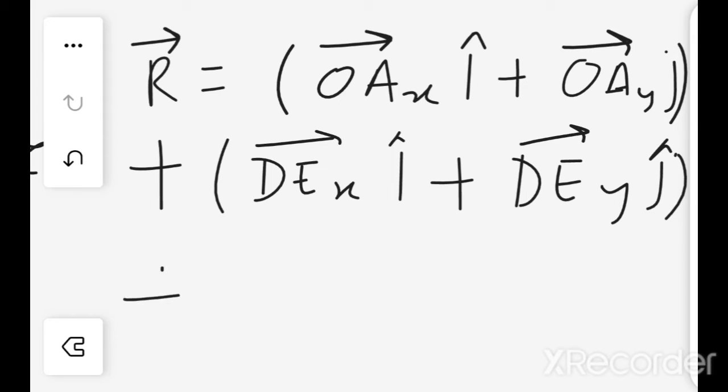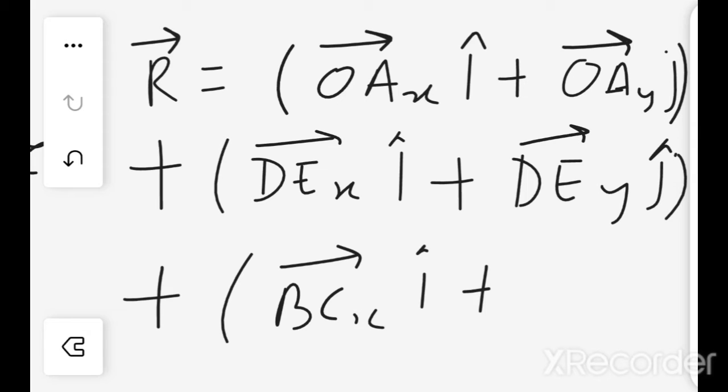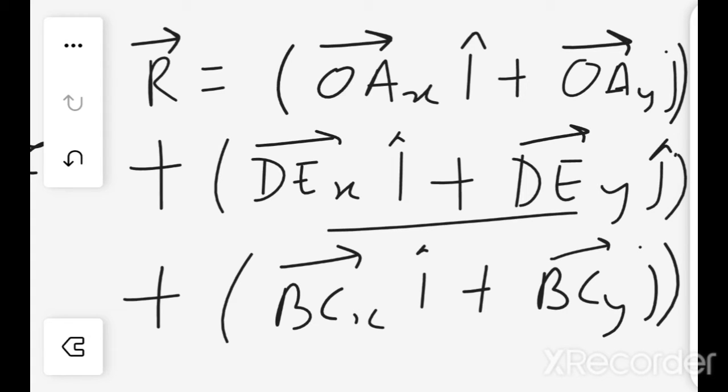And similarly for the BC vector, we can write it as the x component of BC in the i direction plus the y component of BC in the j direction. So now what we are doing here is just rewriting the previous formula like this.